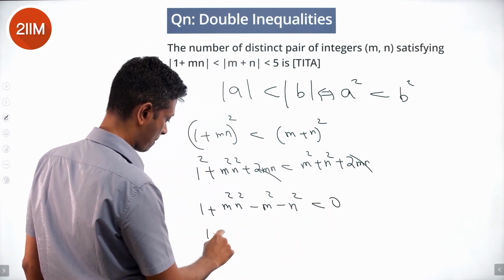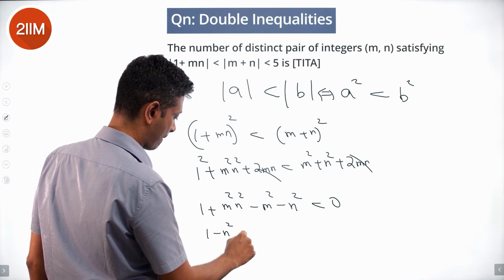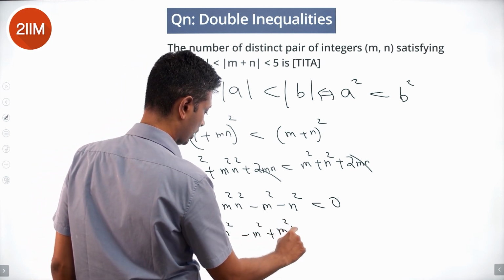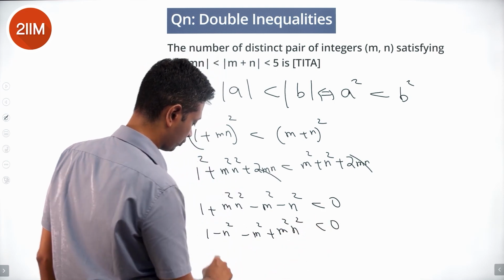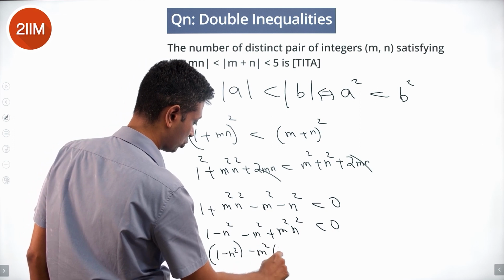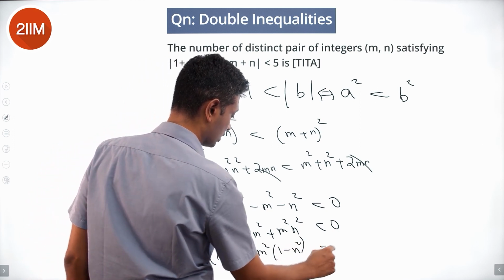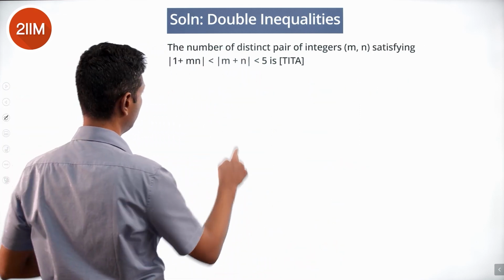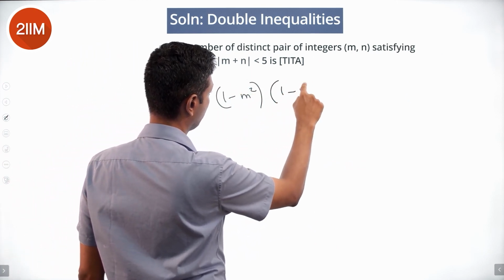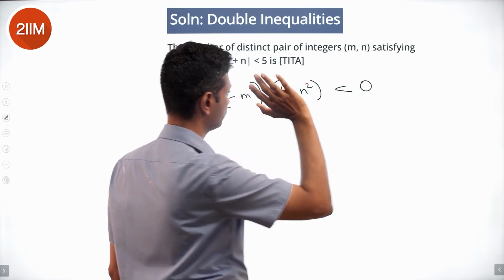Or 1 minus n square minus m square plus m square n square is less than 0. 1 minus n square minus m square times 1 minus n square is less than 0. Or quite beautifully, 1 minus m square into 1 minus n square is less than 0.